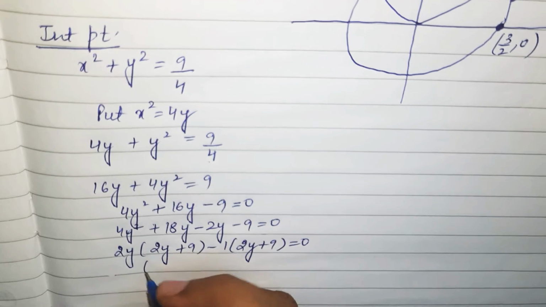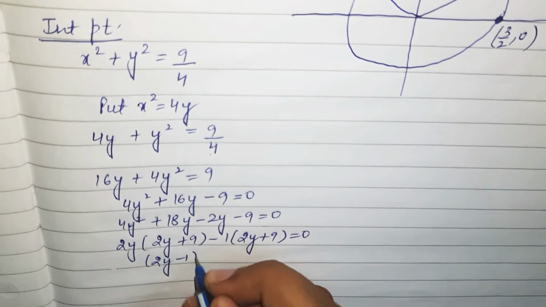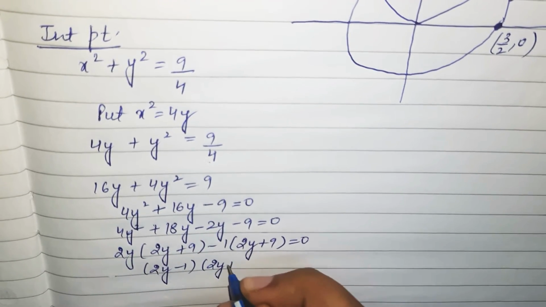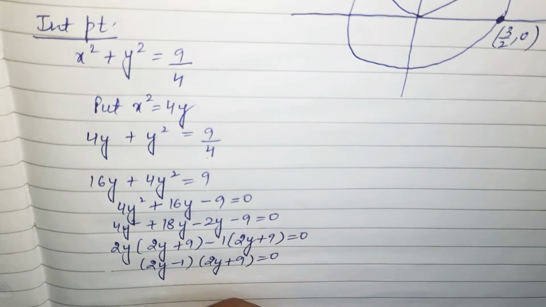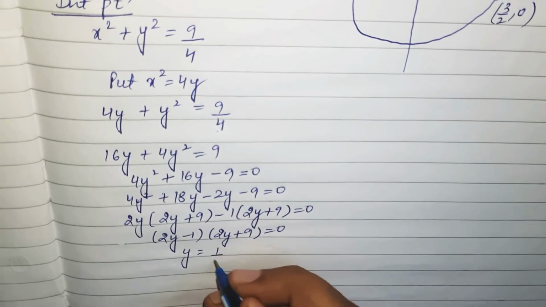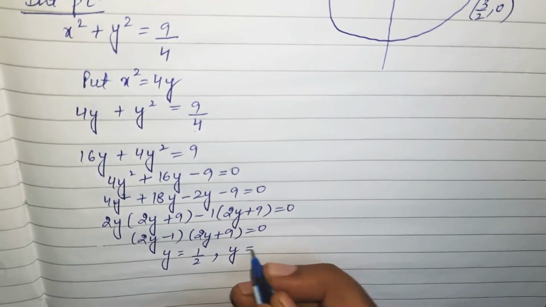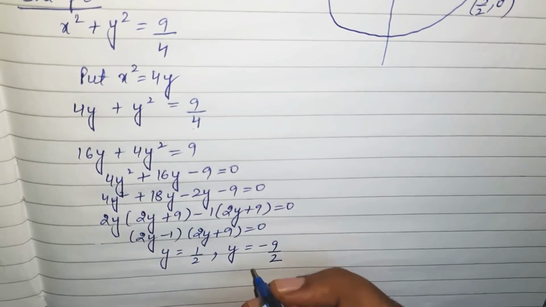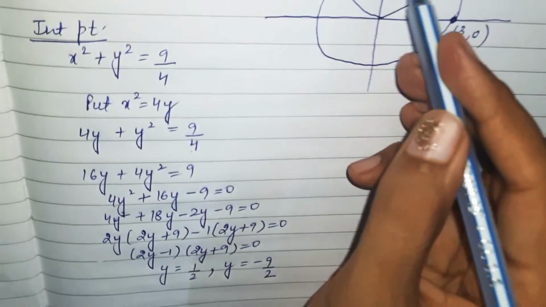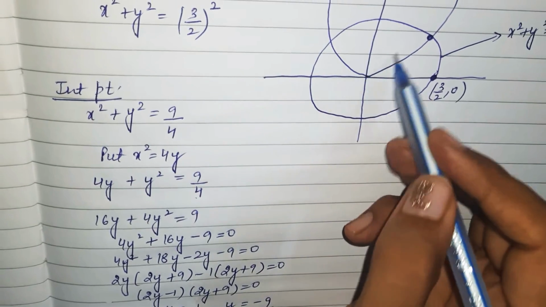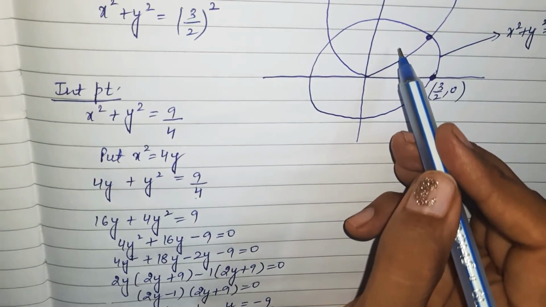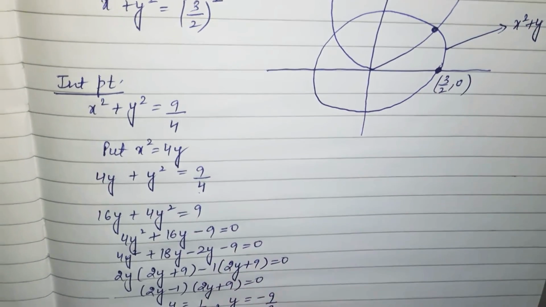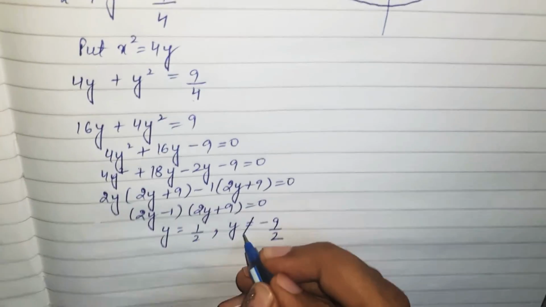So I will be getting 2y minus 1, 2y plus 9, which is equivalent to 0. So y is 1 by 2 and y is minus 9 by 2. So if I'll talk about this area, which is interior to the parabola, of course I am not taking that negative point. So this is not required.